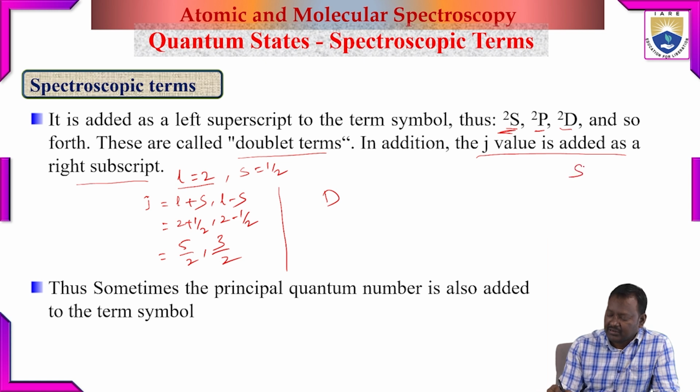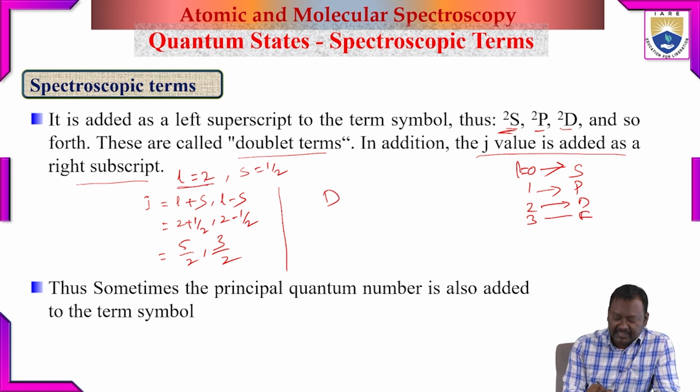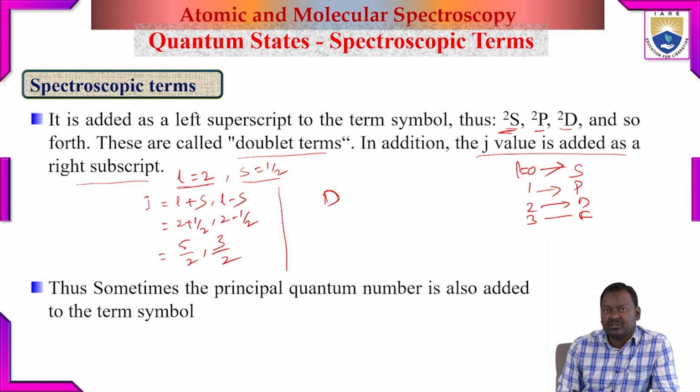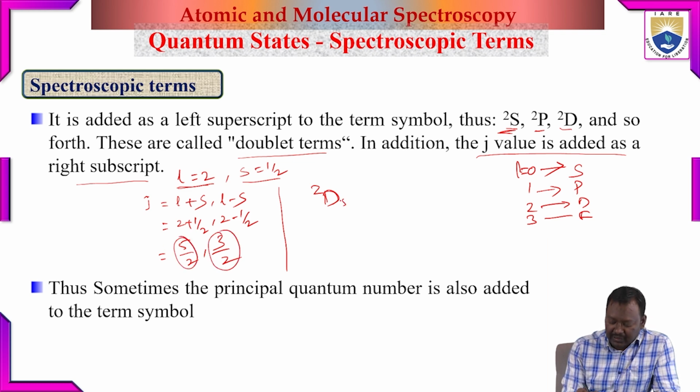Here we should remember that for L equal to 0, the term is S. L equal to 1, the term is P. L equal to 2, D. L equal to 3, F. As L is equal to 2, the term representation is D, and as S is equal to 1 by 2, the multiplicity is 2, so we should write 2D. Then as a subscript, we must indicate the value of J. One is 5 by 2, giving 2D 5 by 2.